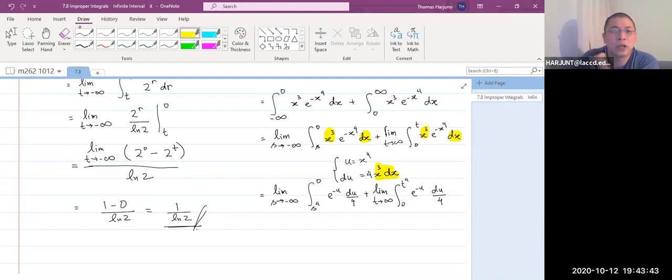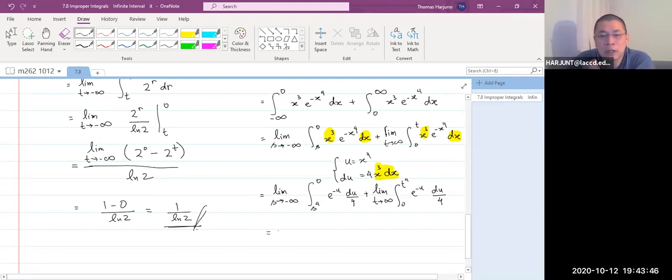Now then this is 1/4 limit s goes to negative infinity, and the integral of e to the negative u du is negative e to the negative u from s to the fourth up to 0, plus, don't forget the 1/4, 1/4 limit t goes to infinity, negative e to the negative u from 0 to t to the fourth.